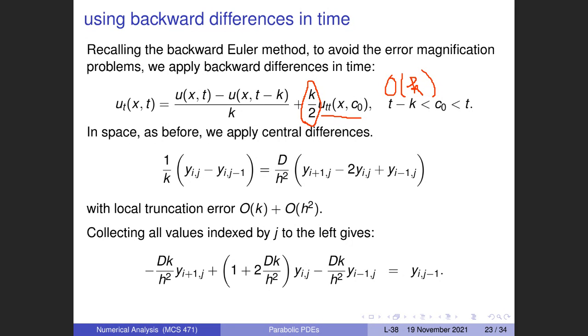So for central difference for the space discretization, nothing changes. We have the same formula, except that if you look at the formula and rearrange, we have terms in J and terms in J minus 1. J minus 1 is in the past, and that term comes all by itself on the right-hand side.